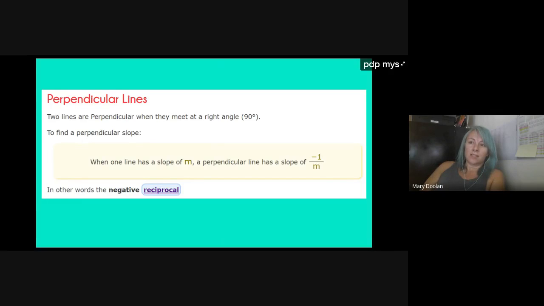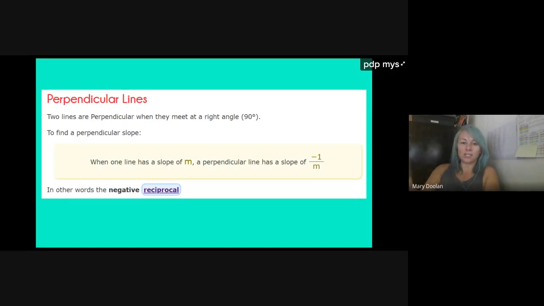So that's called taking the negative reciprocal or the opposite reciprocal. If you have a number, and remember slope is just a number, if that number happens to be an integer, it's not a fraction yet. You can always take any integer and turn it into a fraction by putting 1 in the denominator. All right, and then taking the reciprocal means you flip it.